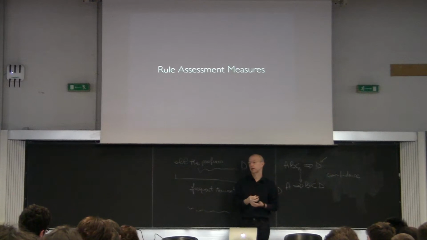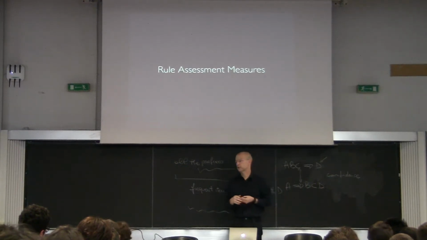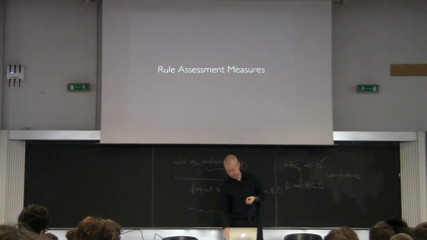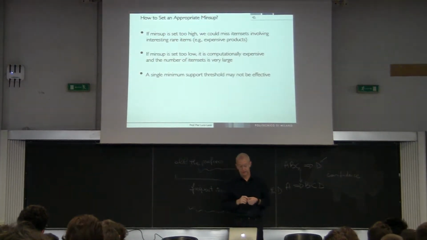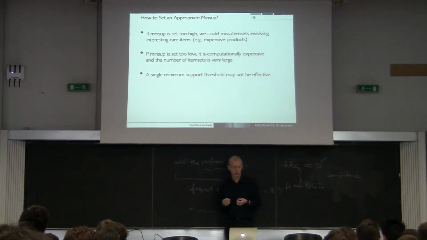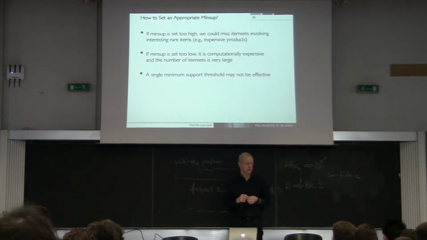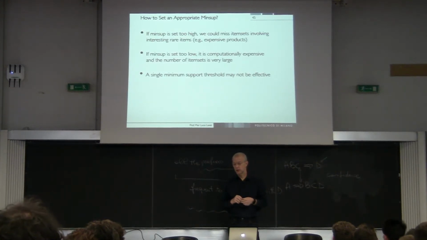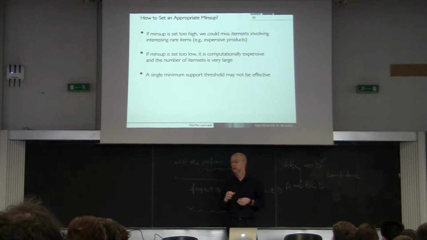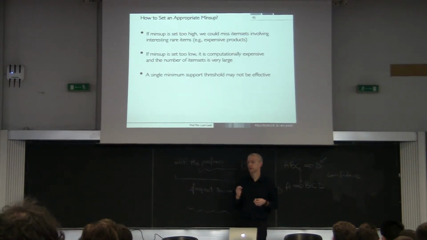So at some point they came out with different ways to measure the relevance of a rule, independently from there. And obviously, if you make it wrong and set your minimum support too low, you maybe come up with a brute force approach.